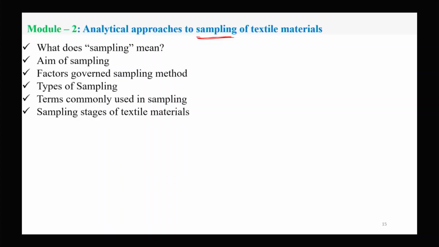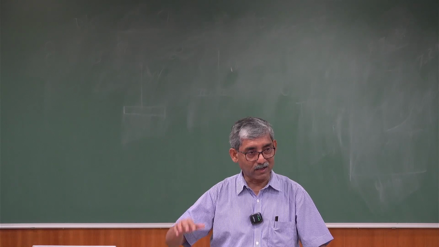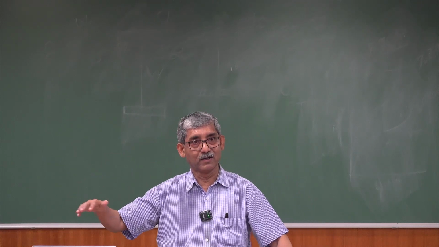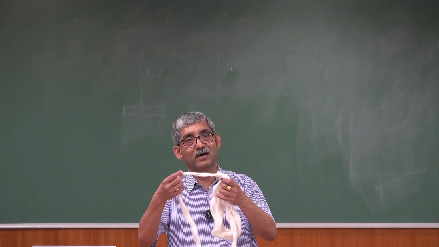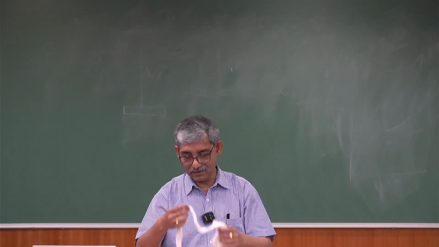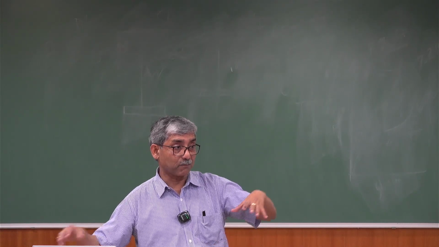Sampling stages of textile materials, like where we can sample from fiber, from yarn, from fabric, and say fiber from bale, fiber from sliver, or fiber from say yarn. So these types of sampling are different.